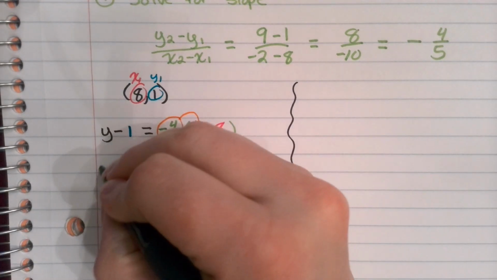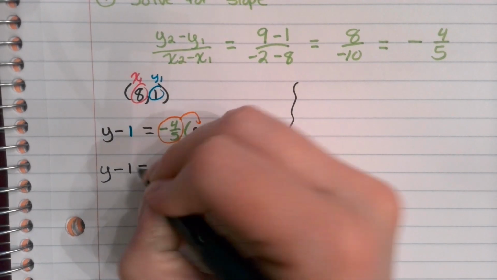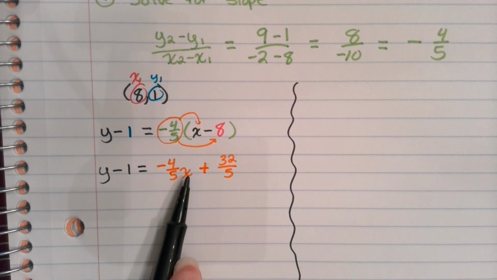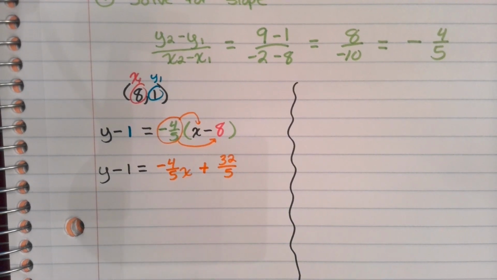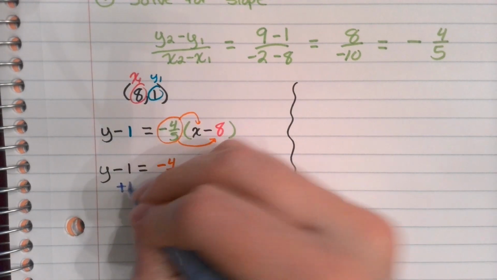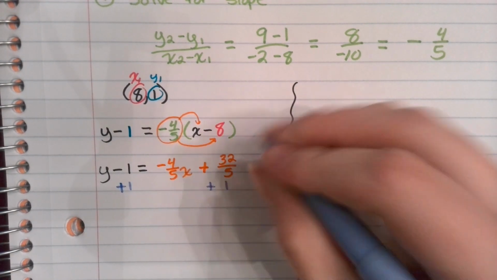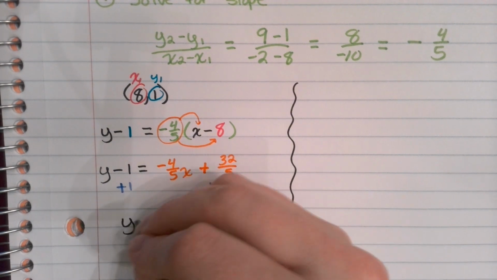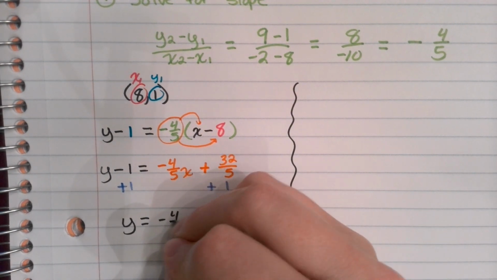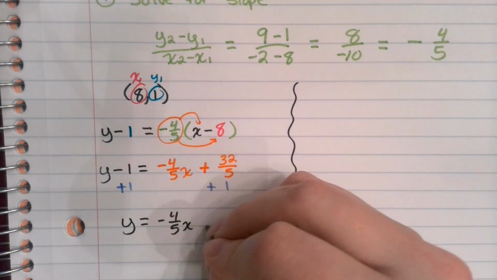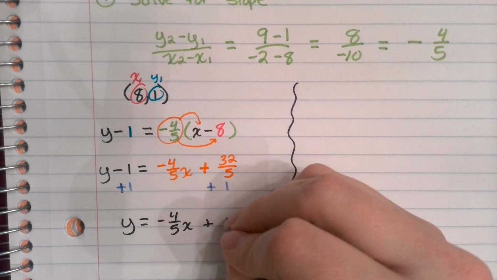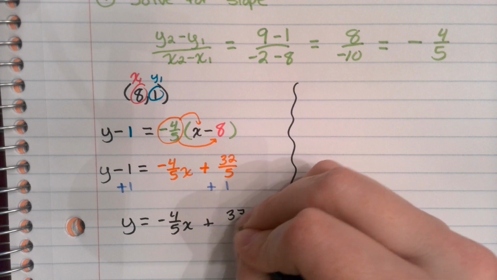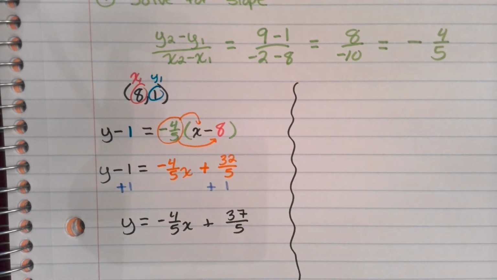So then you have y minus 1 is equal to negative 4/5 x plus 32/5. You would then go ahead and add a 1 to both sides, and you'd get y is equal to negative 4/5 x plus 37/5.